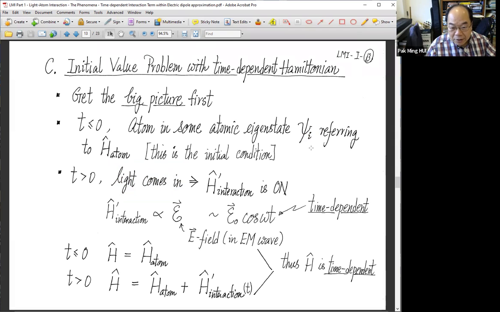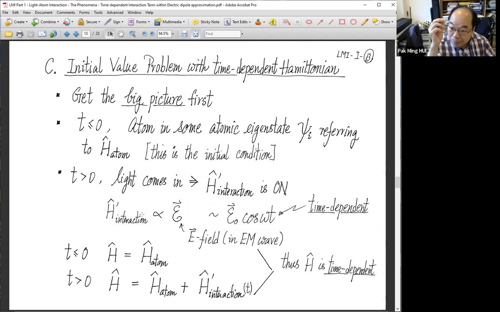And now let's consider what possibly the form of this interaction term will take. Of course, it has to do with matter, atom-light interaction. So we expect this term H prime to include both of these two systems' variables.